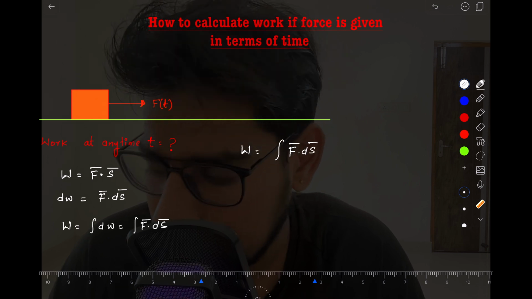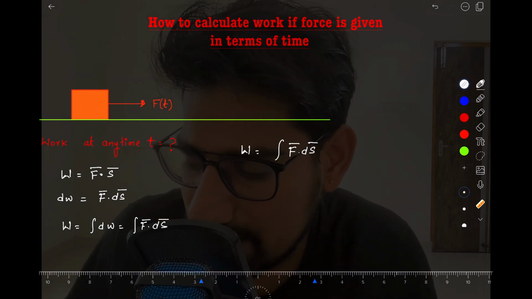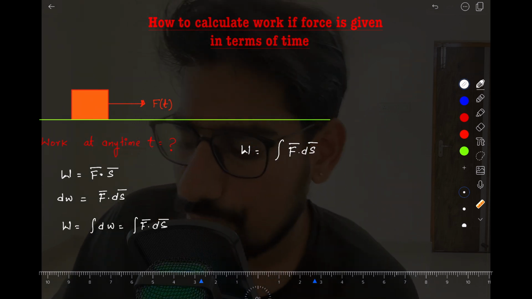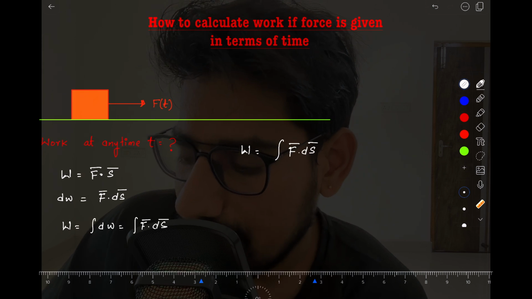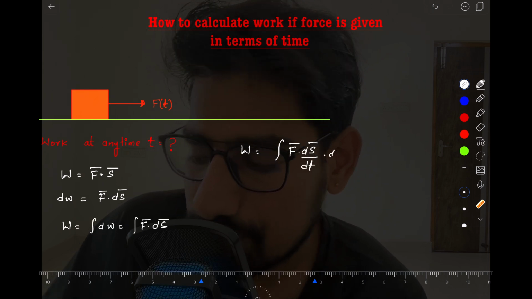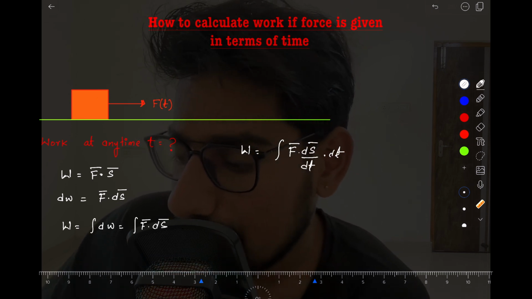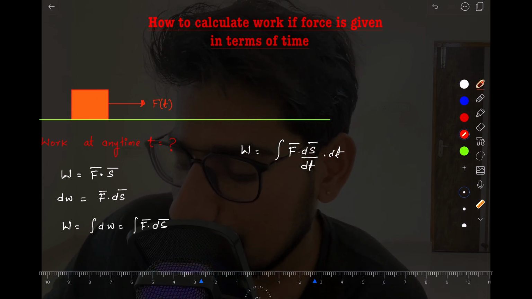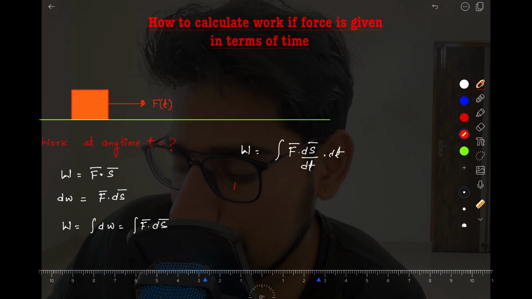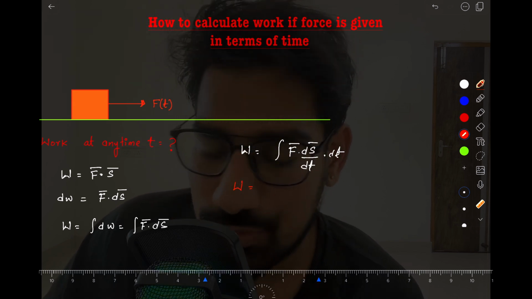That is the problem, right? So what I will do is a slight adjustment over here. I will divide it by dt and multiply it by dt. This is the slight adjustment that we are going to do, and from that we will get a final formula that we can use when we get force in terms of time.